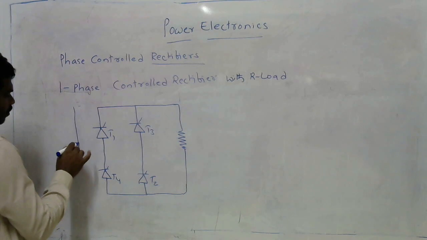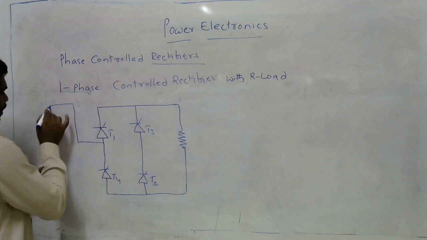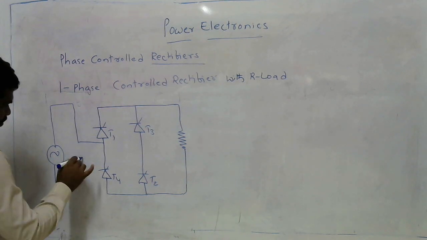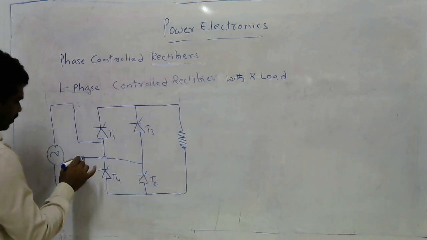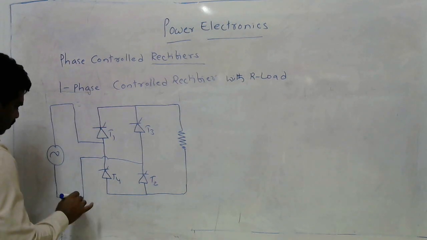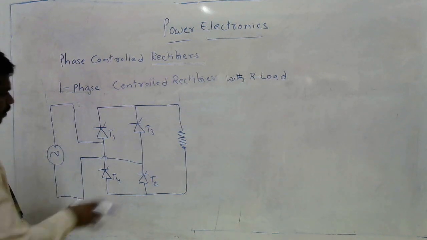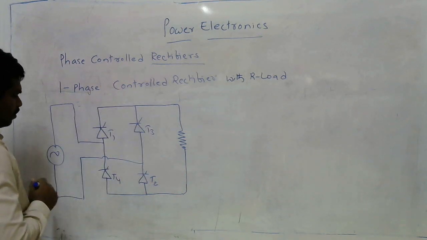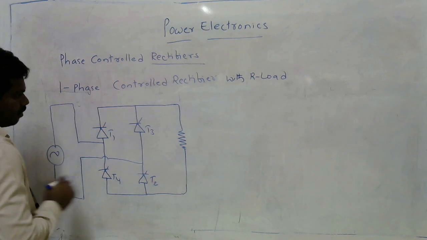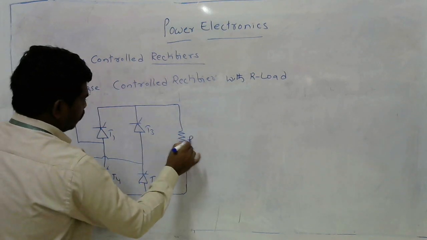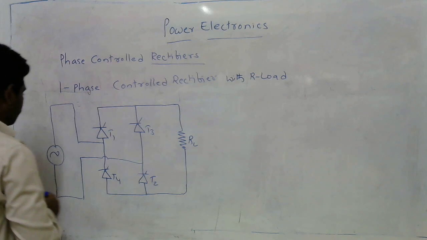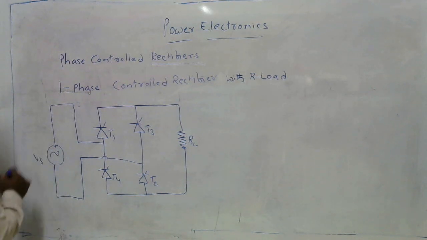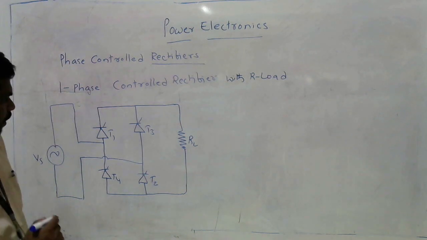So here is my AC supply. You draw the same as I am drawing. First take the bridge circuit of thyristors, thereafter connect one load, R load. This is my R load, I am calling it RL, and this is my VS. VS is equal to Vm sin omega t.